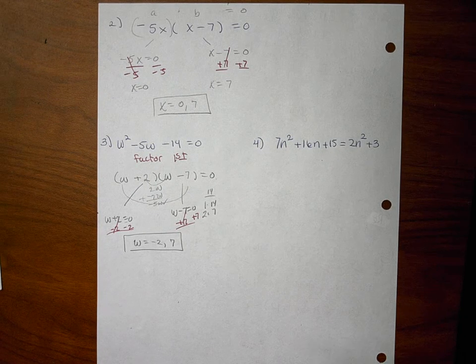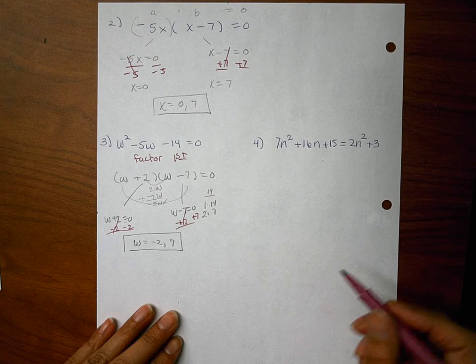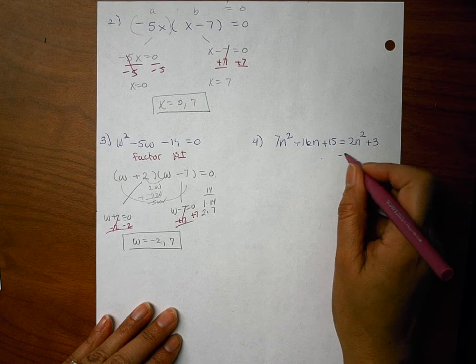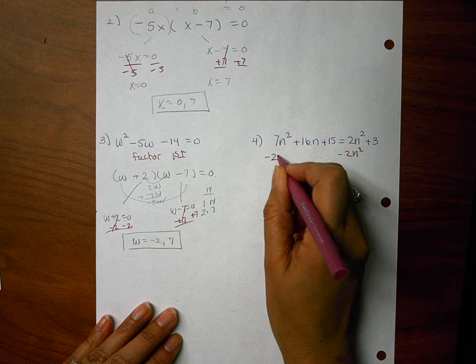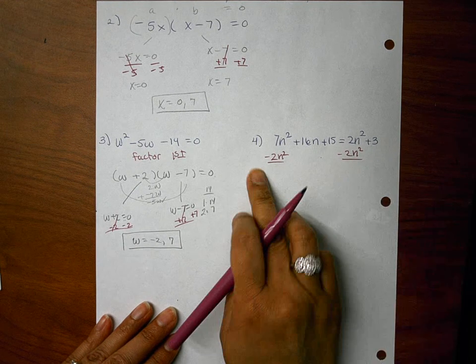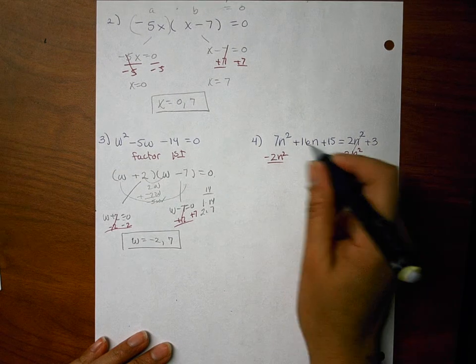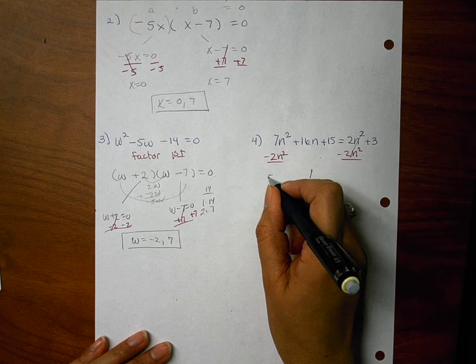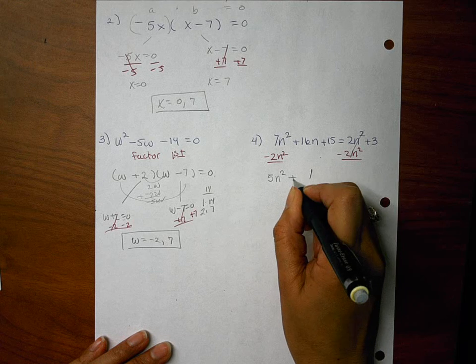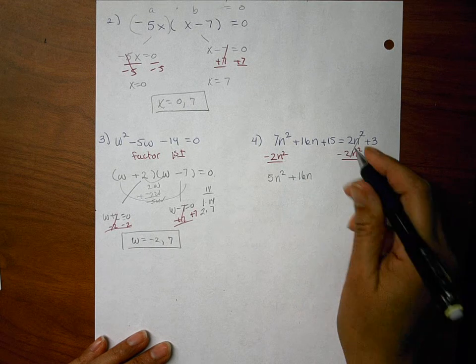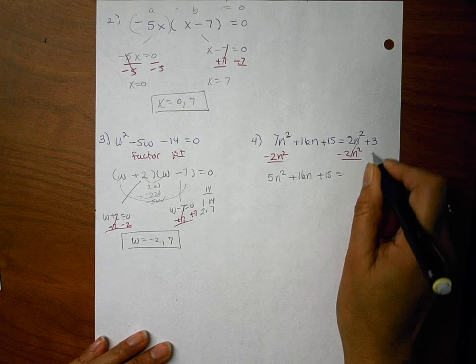So I'm going to move everything to one side. It doesn't matter which way you move. I'm going to move to the left because I'd like my leading coefficient to be positive when I'm factoring. And if I moved the 7 this way, that would make it negative. So it's gone here. 7 take away 2 is 5. So I have 5n squared plus 16n plus 15 equals 3.